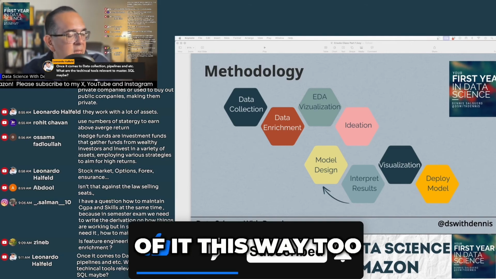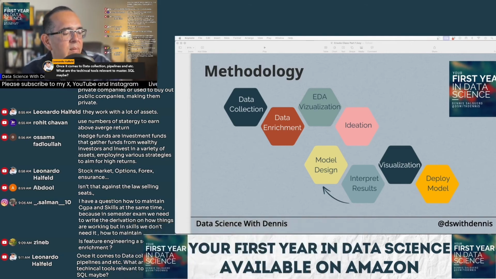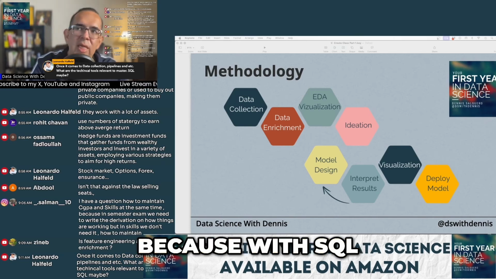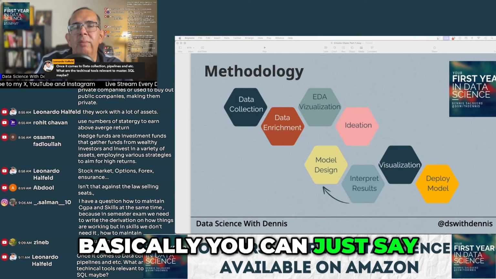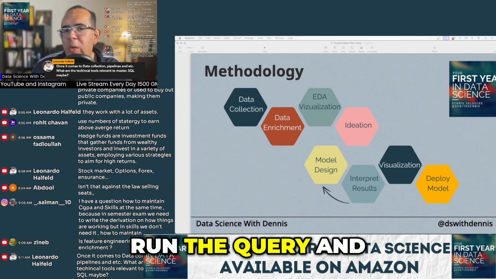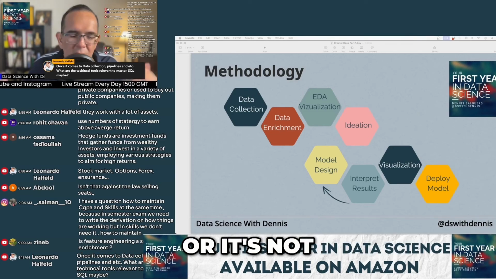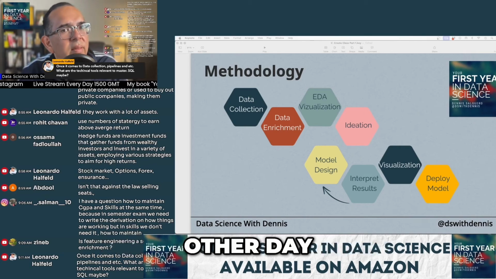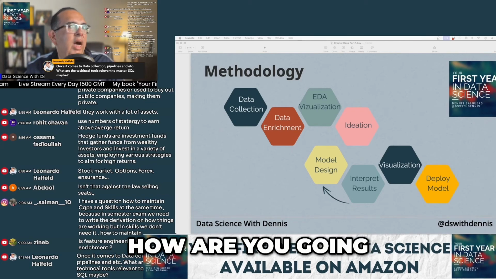Or if you think of it this way too, right? Time is also an important factor, because with SQL, basically you can just say, well, the queries are kind of self-updating because I run the query and the data is there or it's not. Well, what if it's a PDF that arrives every other day, right? How are you going to account for that?